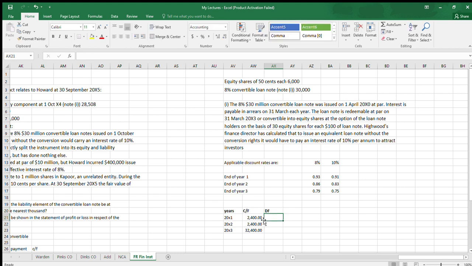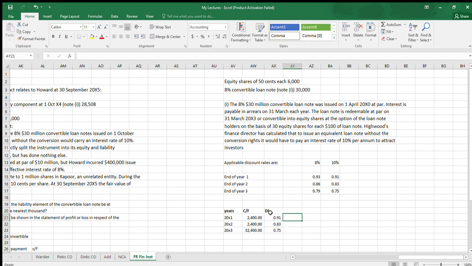Discount factor. Discount factor of 10%. Because this 8%, we have used it or exhausted it for our cash flows. That's the interest we pay. So the effective interest will be your discount factor. So 0.91, 0.83, 0.75.